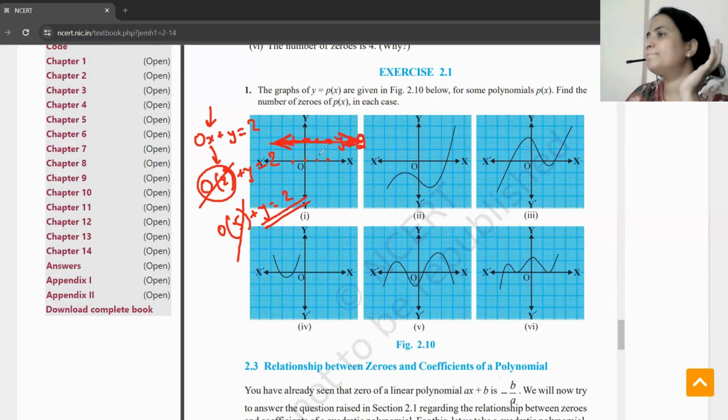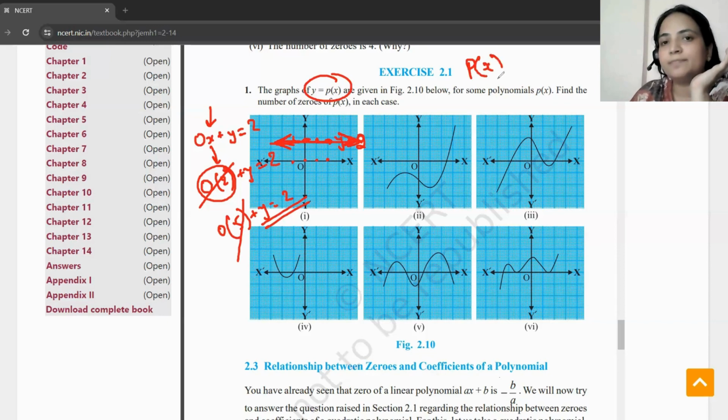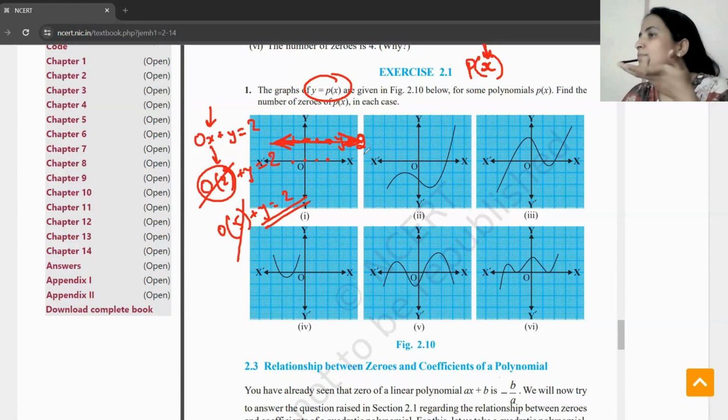Understood or not? So when you have an equation p of x, whatever the value of x you have, the value of y is the same, right or not? So what is this? Is this linear or not?